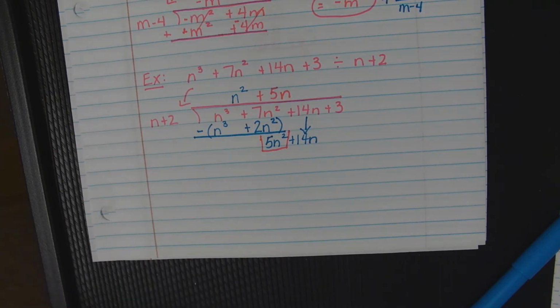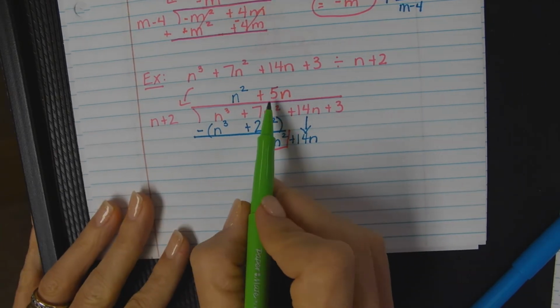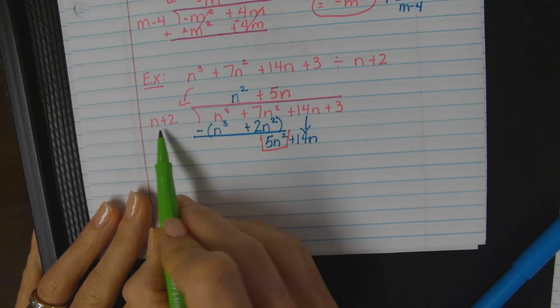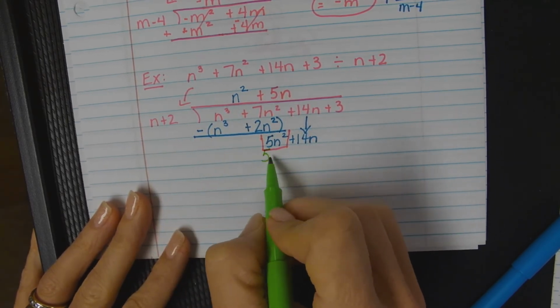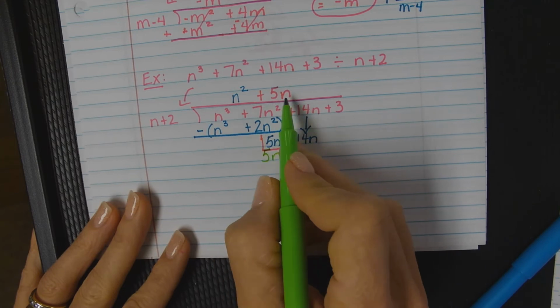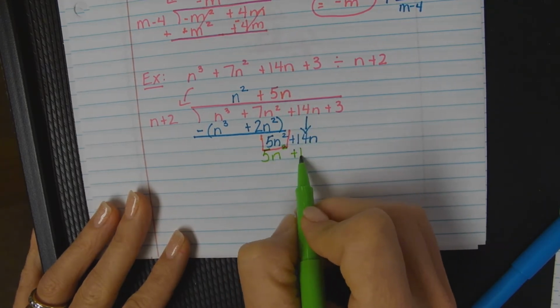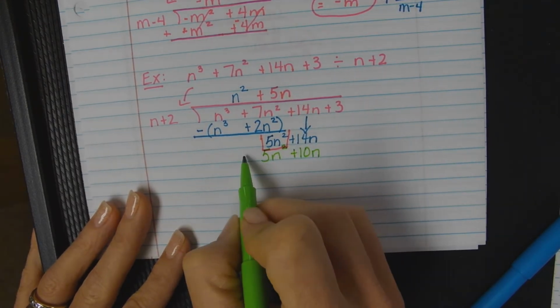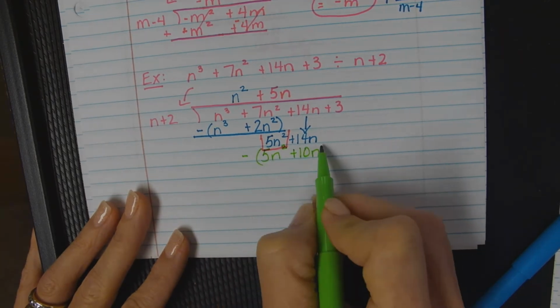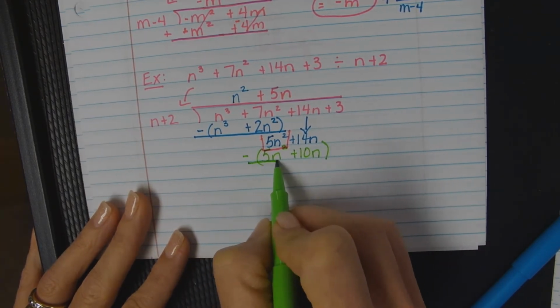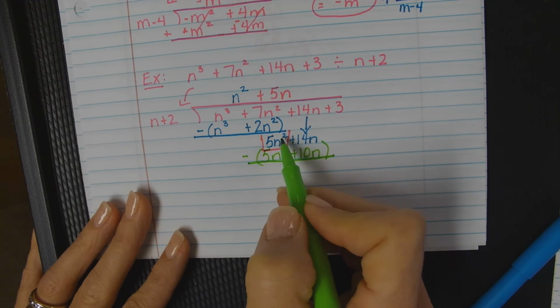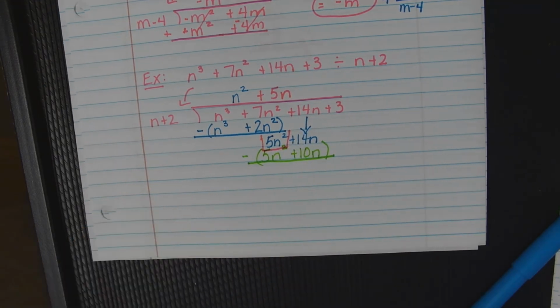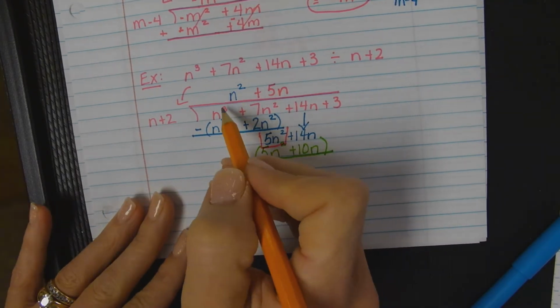Okay, so I'm going to change here. So 5n times n plus 2. 5n squared. 5n times 2 is positive 10n. What operation are we doing? Subtraction. If you notice the pattern, this gets canceled out every time. I'm going to use a pencil.